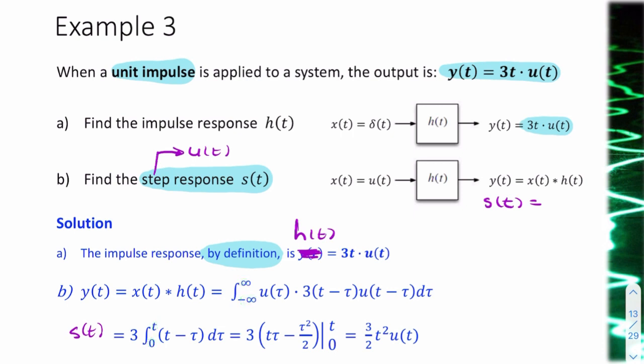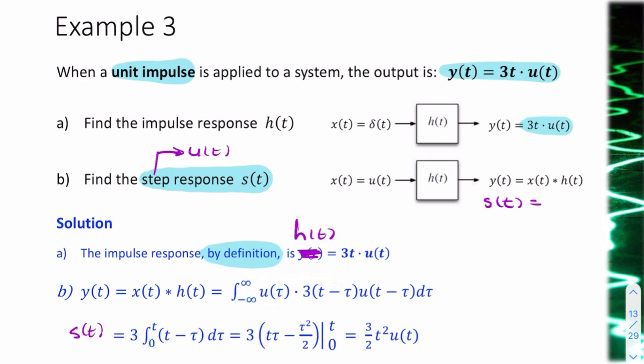It's because we have this unit step. So from 0 to t.